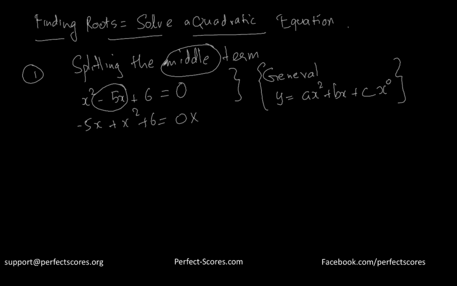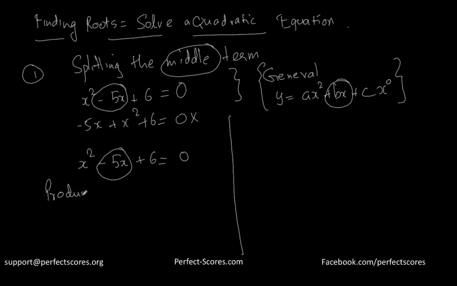So how do you split it? I mean, there are so many ways in which you can actually split this middle term. Well, you have to split this in one particular way. What is that particular way in which you want to split it? So you want to split b in such a way, so you will split this 5 in such a way that the product of the two numbers is the product of a and c.